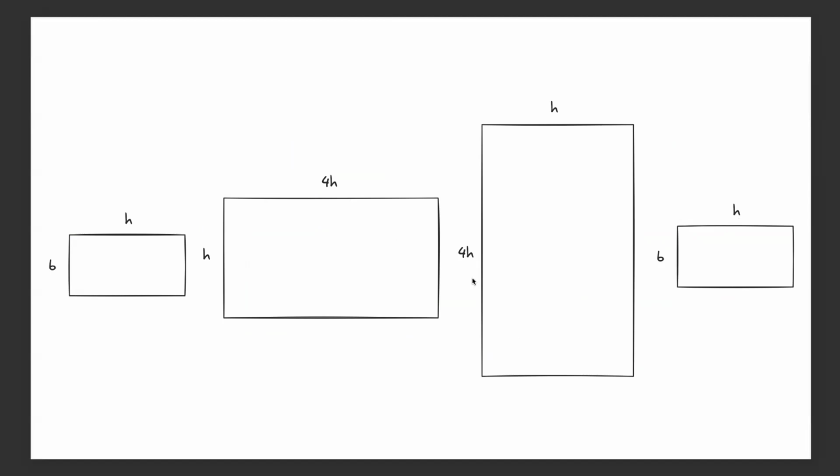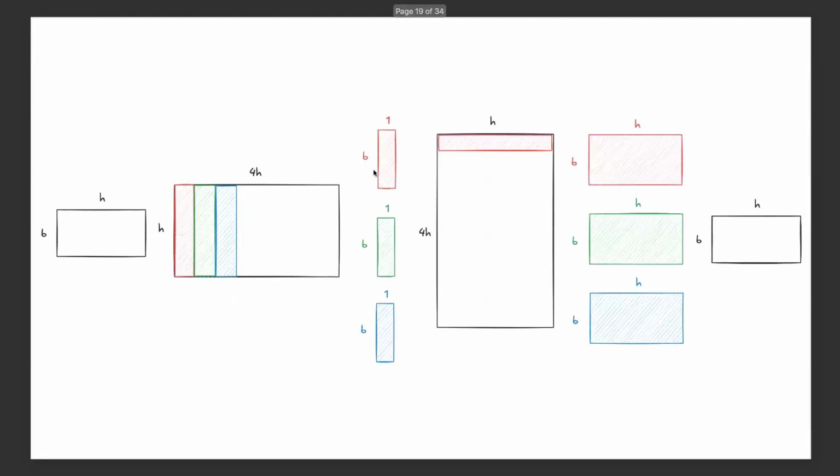Nevertheless, in the middle of this process, at some point, we have the matrix of size h by 4h. Or actually b by 4h, right? And when we split it column-wise, this is what happens.